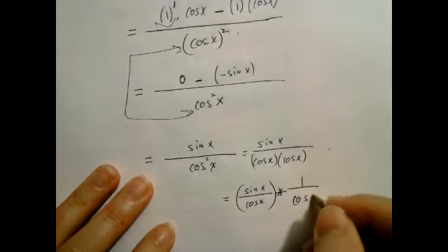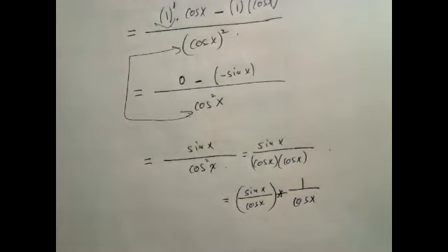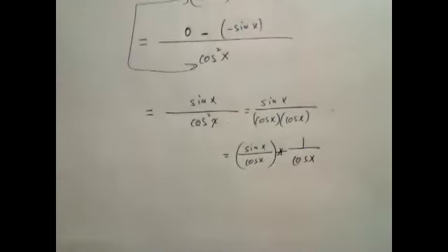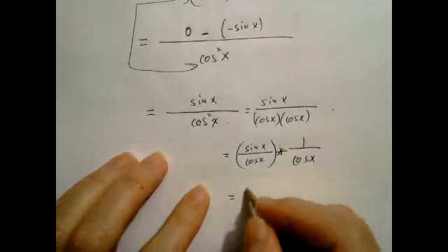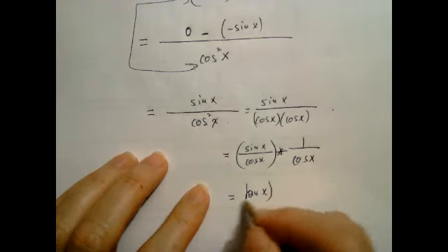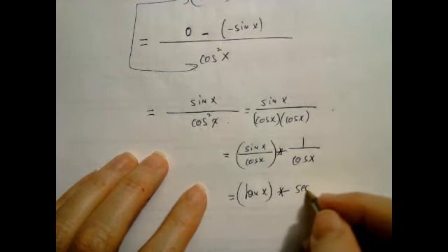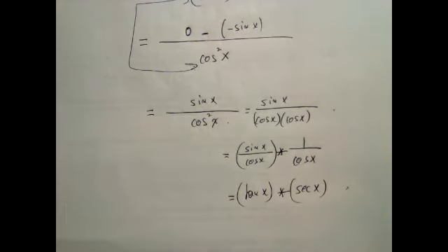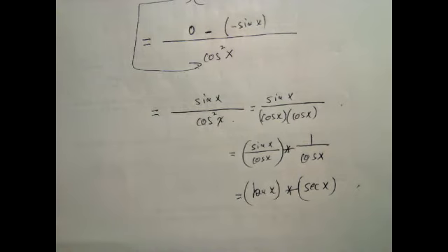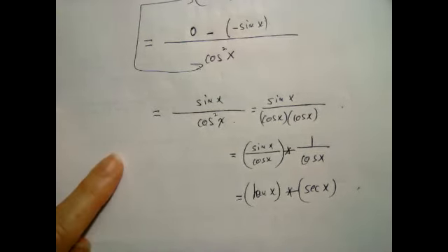We're just playing games now, to give you the format in which those derivatives are memorized. Now sine over cosine is tangent x. 1 over cosine is secant x. And now we have the derivative of the other basic functions.